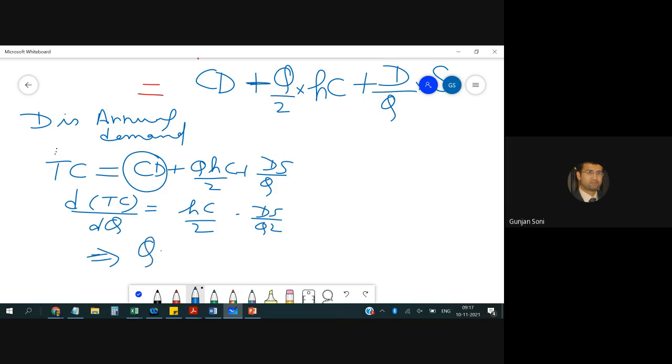So this will be equal to 0, and then the value of Q, we say it is Q star, that is at the minimum, square root of 2DS by H into C. Okay, so the optimal lot size.